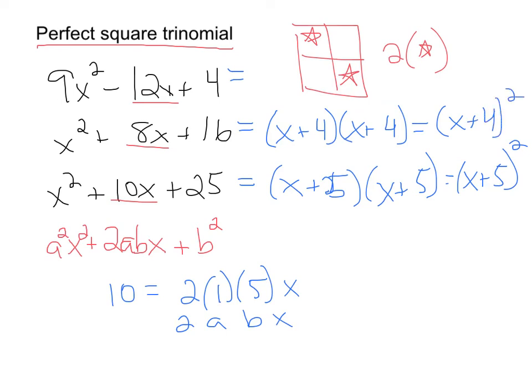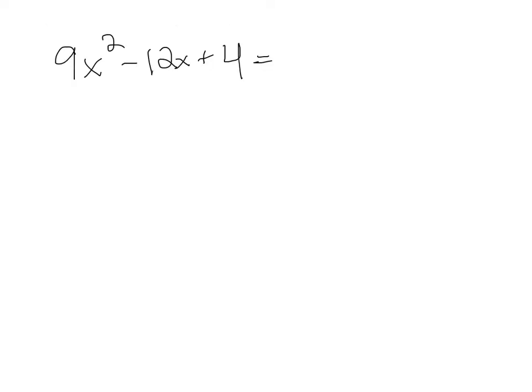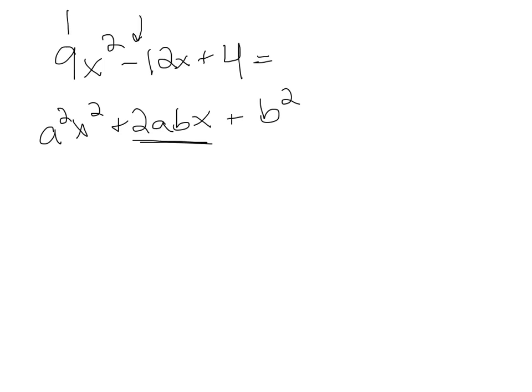This final one, which was actually the first one we did, 9x squared minus 12x plus 4, is a little more tricky. So I'm going to double check how this 2abx fits the pattern of negative 12x, and if it does work. This negative sign is a little confusing, the 9 is in my way, so I want to just double check.